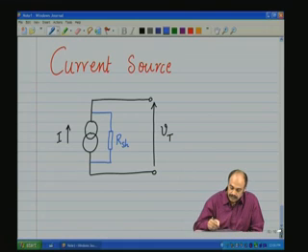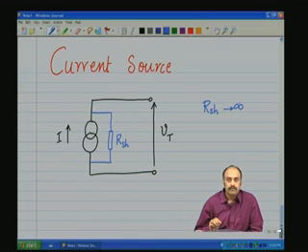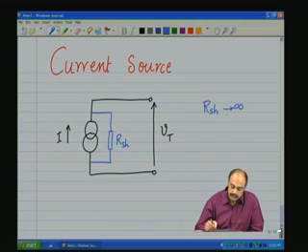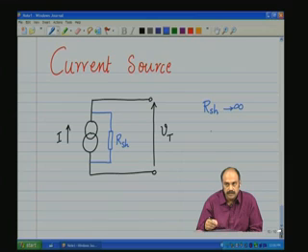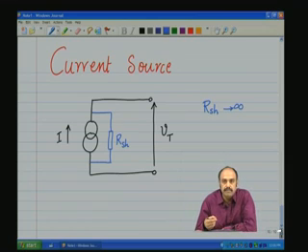In an ideal source, R shunt will be infinite, very, very high. In the case of a practical current source, R shunt is not infinite, but a finite value, maybe in mega ohms, in that order.